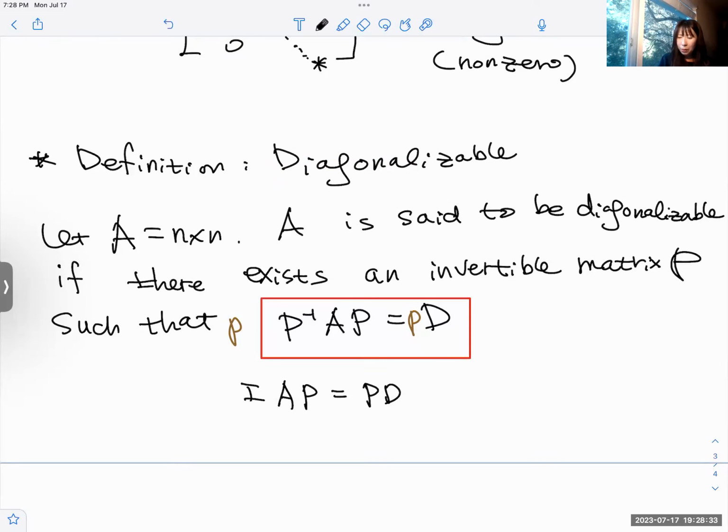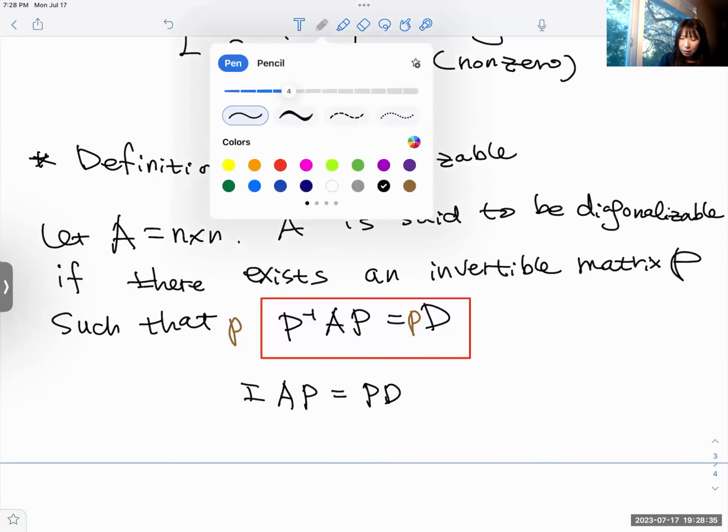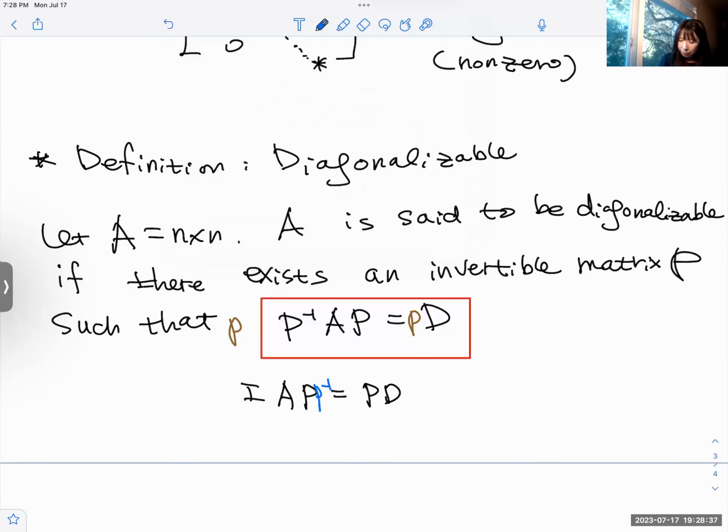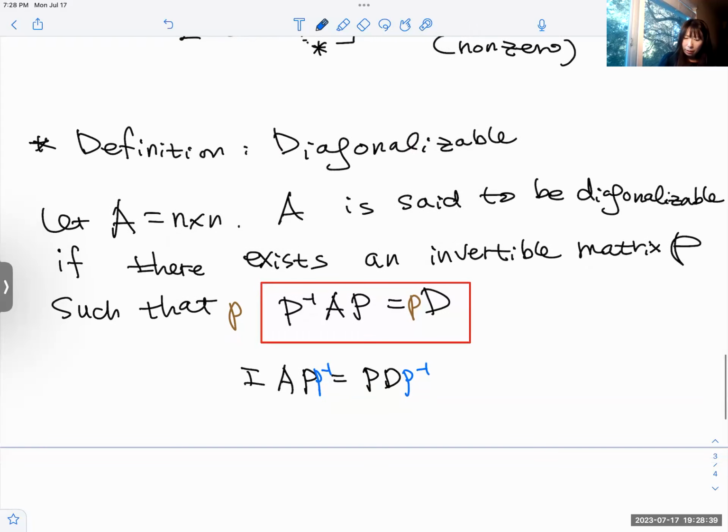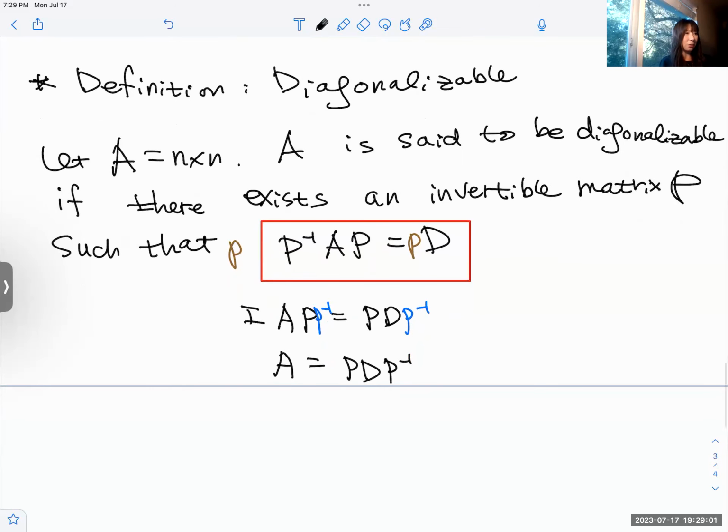Now we want to multiply the inverse of P here. Then we can express A as the matrix P times the diagonal matrix times the inverse of P. So we can express that one like that too. All right.